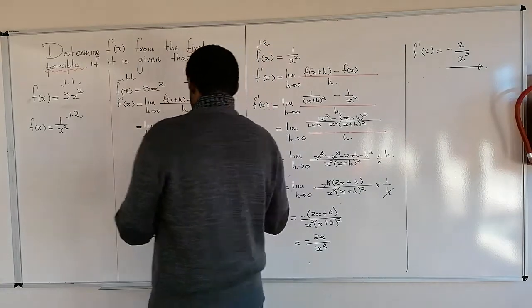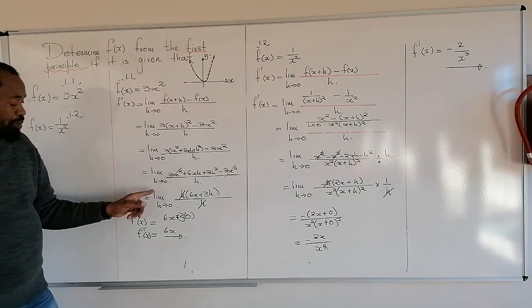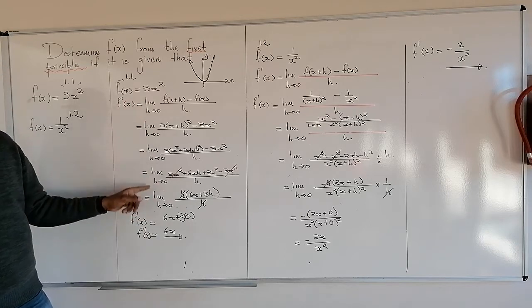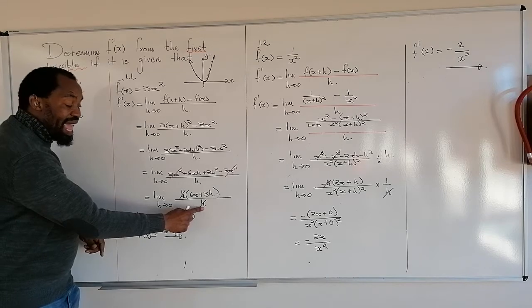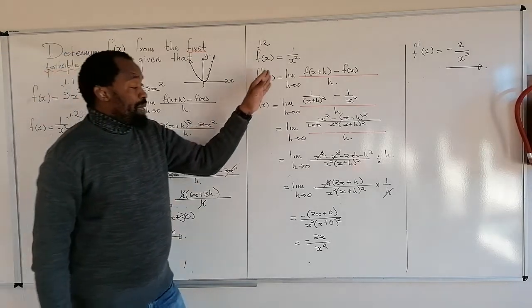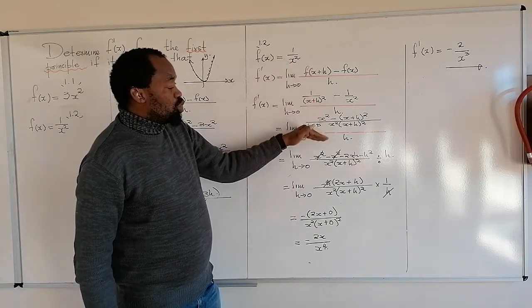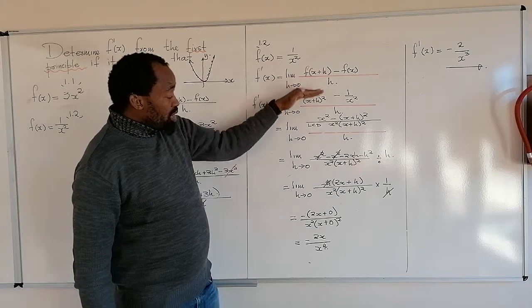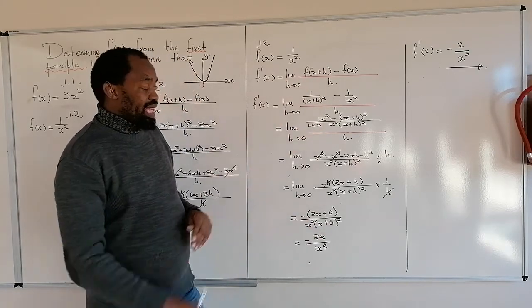Folks, be careful with this. Never drop the limit unnecessarily. You drop the limit after h as the denominator is gone. Be careful with this one. Try and use 2 colors so that it does not confuse you, so that you know where exactly you are.